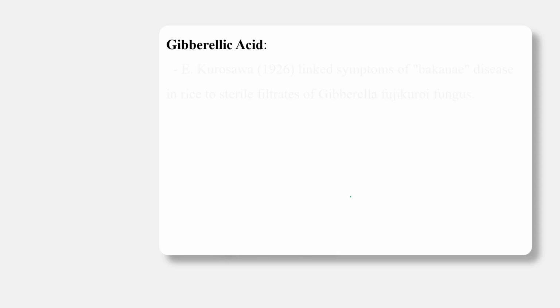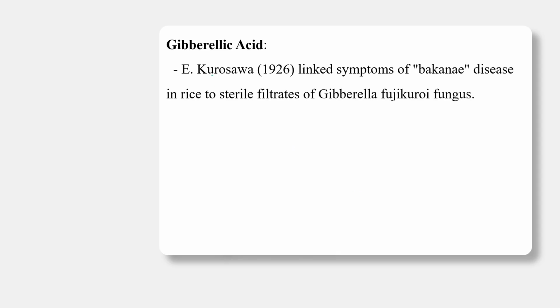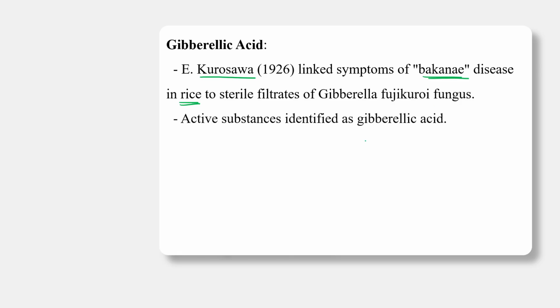Gibberellic acid was isolated by Kurosawa in 1926, who linked the symptoms of Bakanae disease in rice to sterile filtrates of the Gibberella fujikuroi fungus. Right? So the active substance was identified as gibberellic acid.